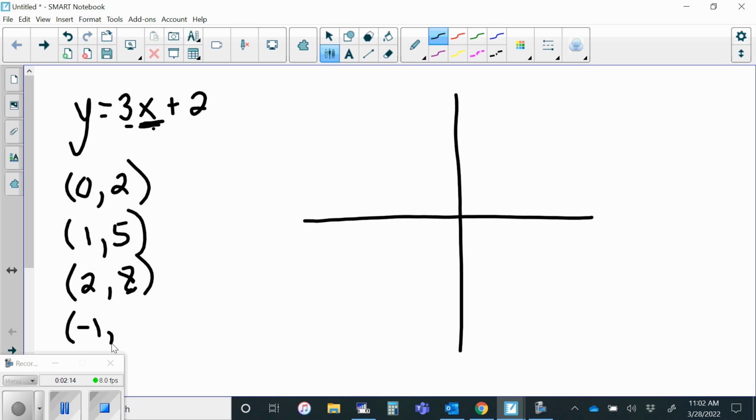What would kick out? Negative 1. Could I keep going? How many answers are there to this equation? An infinite amount. Why? As I change my x, what happens? My y changes. Now, what if I gave you this question?